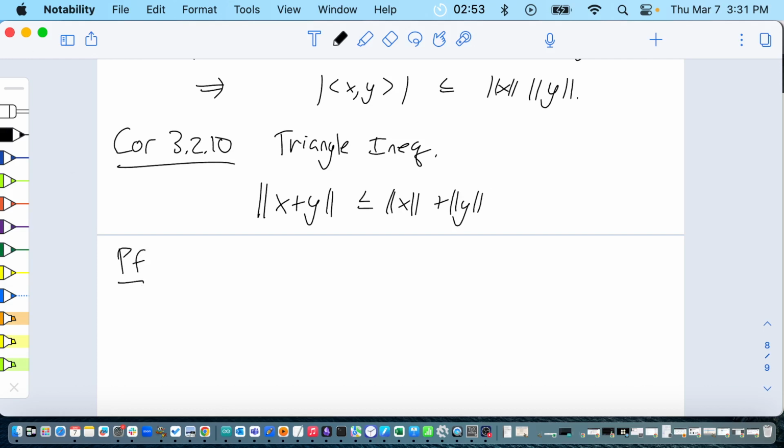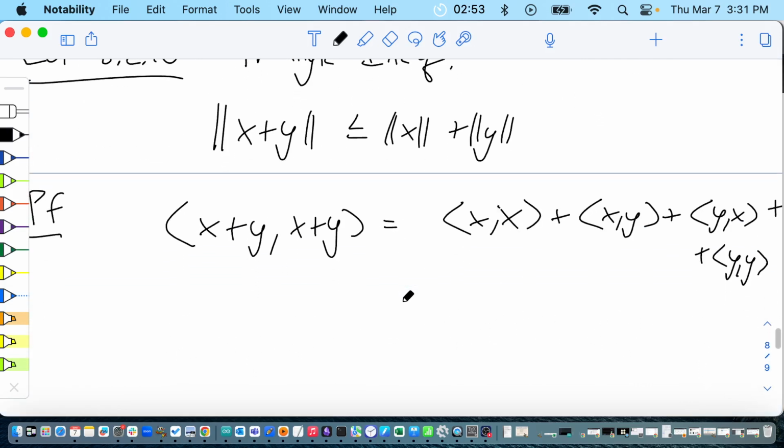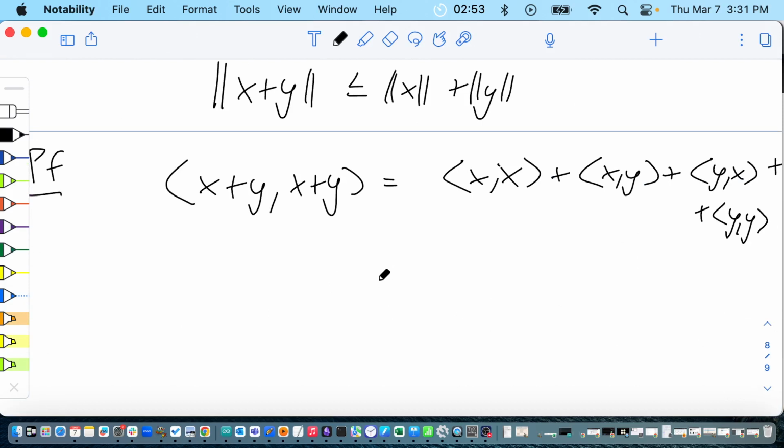to write out, I believe, that x plus y with x plus y is equal to x with itself plus xy plus yx plus yy. Oh, I'm out of space. Okay, yy. Okay, and then that's equal to the norm of x squared and the norm of y squared, which are the xx and the yy. In the middle, you have xy plus yx. But yx is the complex conjugate of xy. So you're adding a complex number to its complex conjugate.